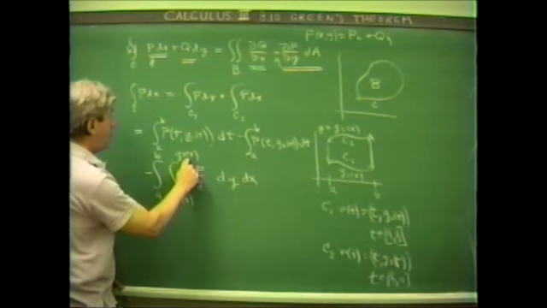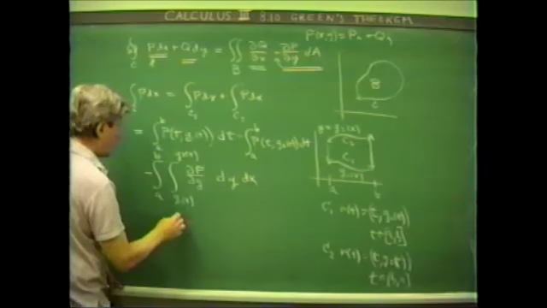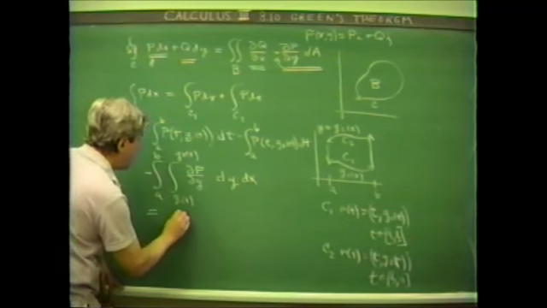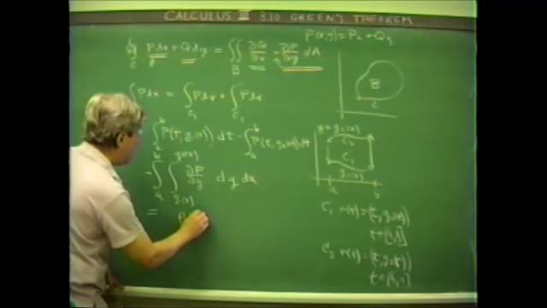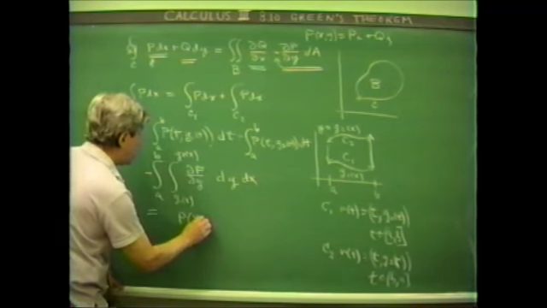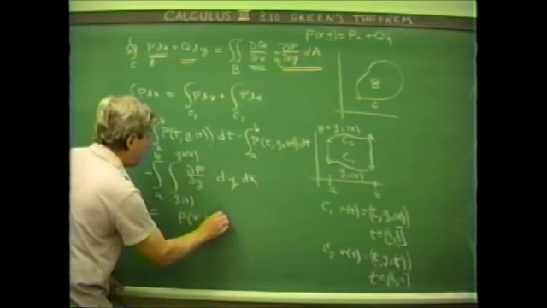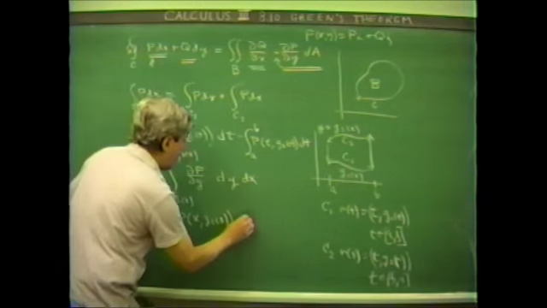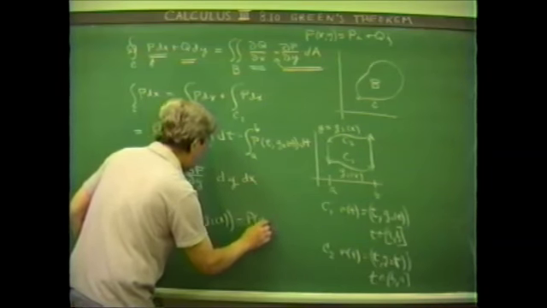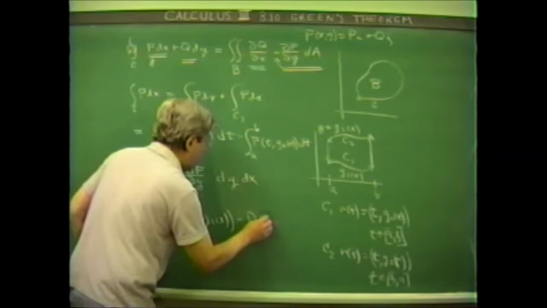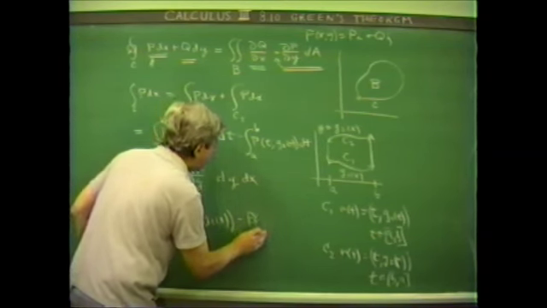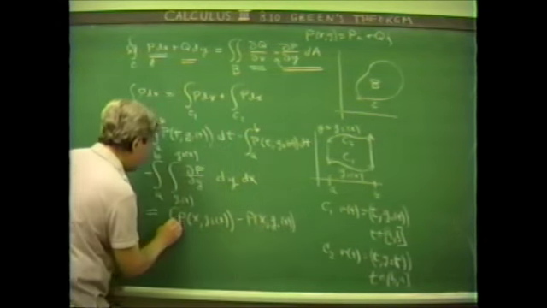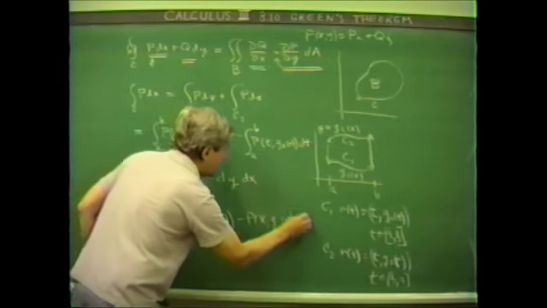It's going to be equal to P of x and g2 of x, minus P of x and g1 of x. And then we integrate this from a to b with respect to x.